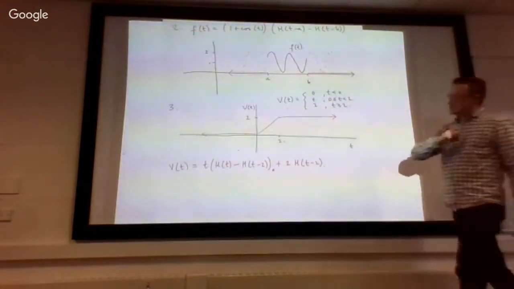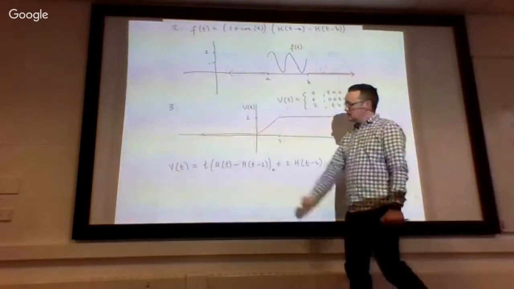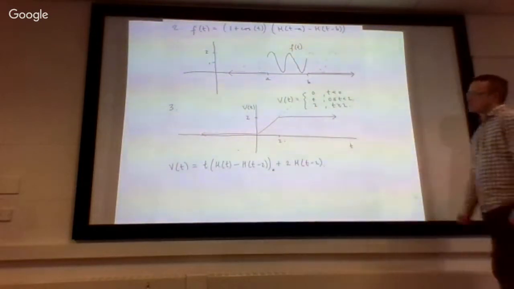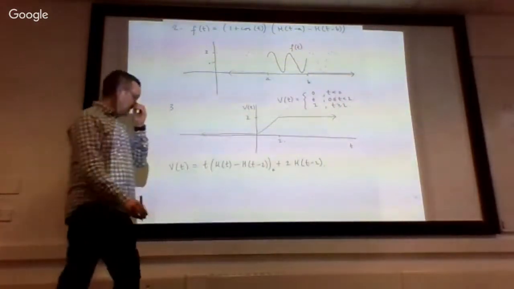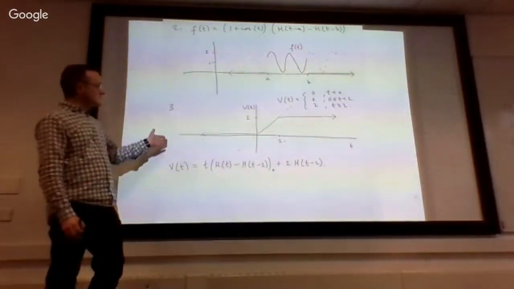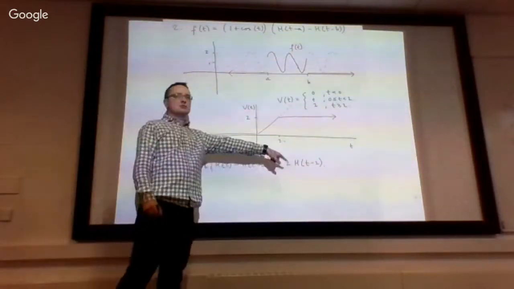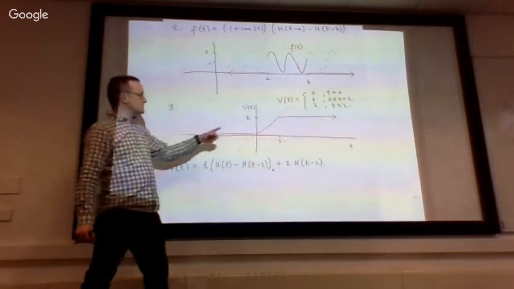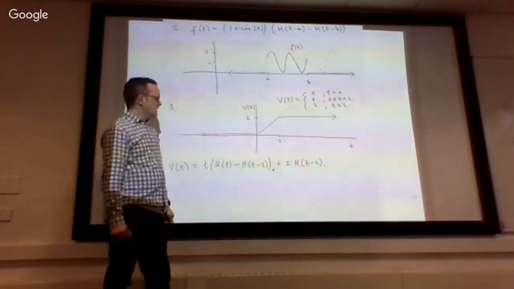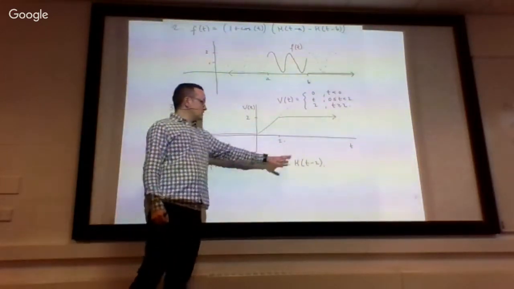So this combination of Heavisides has the effect of reproducing this function v. For negative values of t, none of the Heavisides are switched on, so it's just 0 plus 0 plus 0. For values of t between 0 and 2, the h of t minus 2 is switched off.